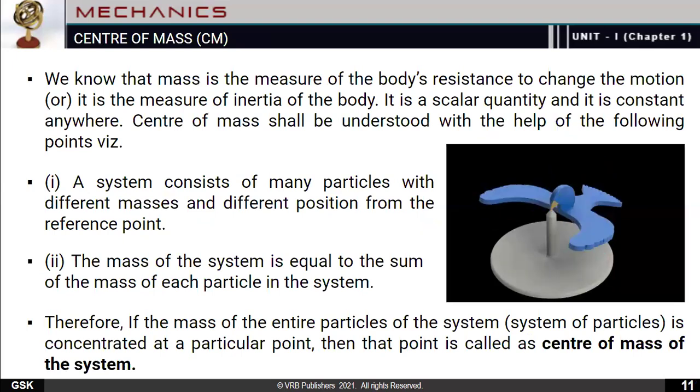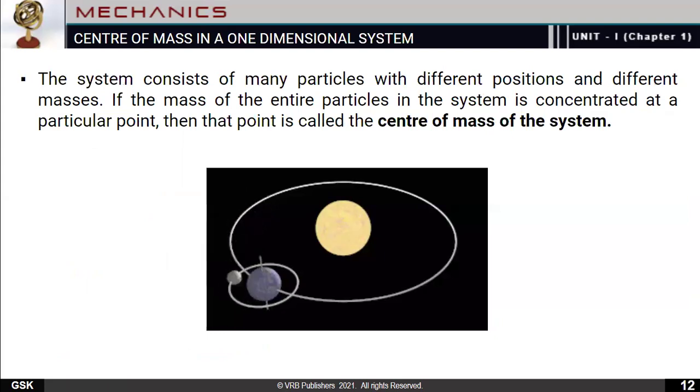The center of mass can be understood with the help of the following points. A system consists of many particles with different masses and different positions from the reference point. The mass of the system is equal to the sum of the masses of each particle in the system. Therefore, if the mass of all the particles of the system is concentrated at a particular point, then that point is called the center of mass of the system.